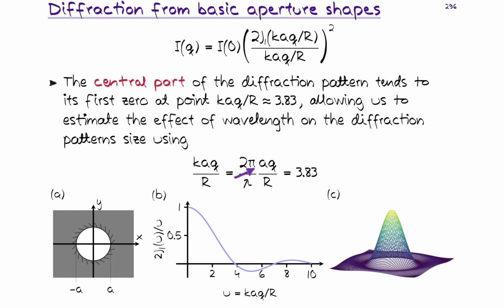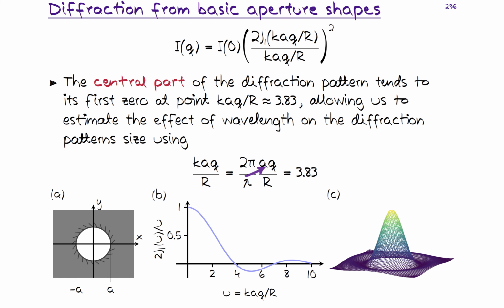And now we can shuffle things around, and then we could, for example, estimate how changing the wavelength affects the diffraction of light. For example, how we would be able to make the distribution narrower or broader when we change our incident wavelength.